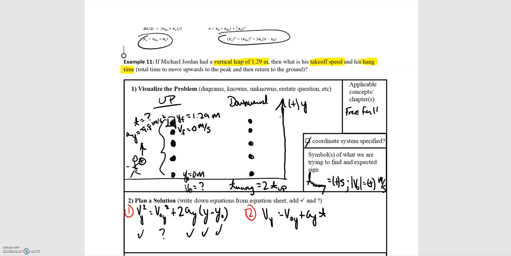And we can use that to solve for the time that it takes for Michael Jordan to go up. Then we just need to multiply by 2 to get the total hang time. So we know the final velocity. We don't know the initial velocity, but we can solve for it. We know the acceleration, and we are looking for the time. So 2 equations, 2 unknowns. We can solve for both.